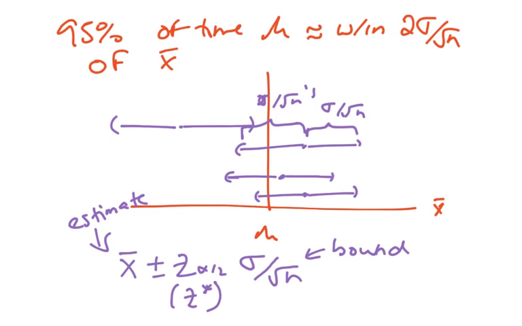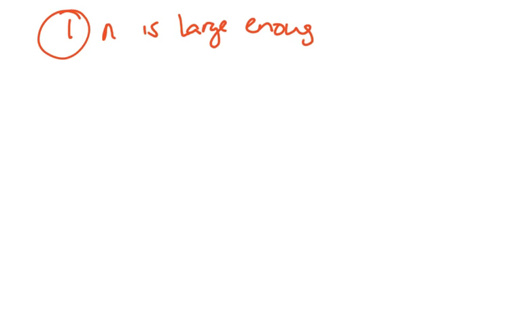So this is the idea of what we're going to be doing in this class, but we're making a few modifications here. So we're making a few assumptions in this class. One, we're going to assume that our n is large enough that we can ignore the t versus z thing.